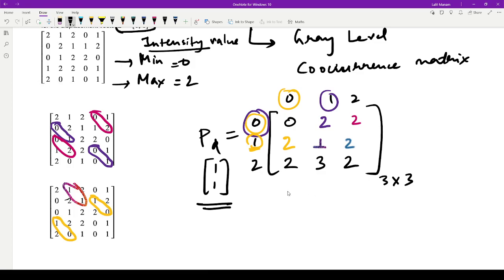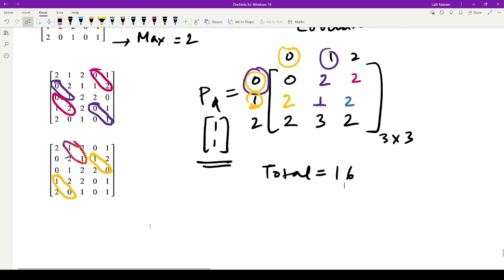Okay. So given this, what is it that we need to do next? We'll check how many total occurrences there are. That means sum all the individual elements, which turns out to be 16. And then what is entropy? Entropy is the summation of minus p ln p.